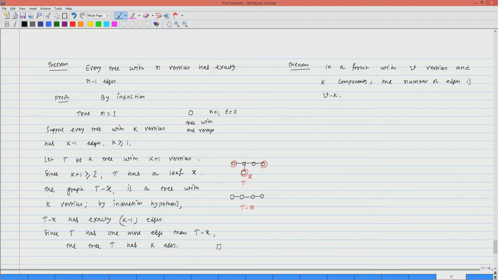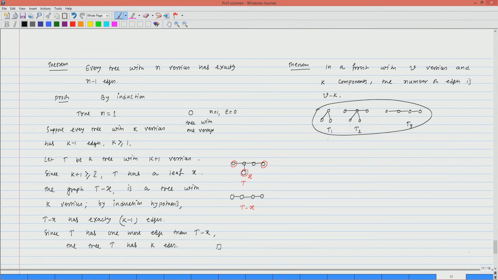So, a forest consists of several trees, each component is a tree. So, let me just draw a forest. So, this is an example of a forest, because the whole thing is one graph, and this is a forest, and it has 3 components. Let me call the first component T1, the second component T2, and the third component T3.